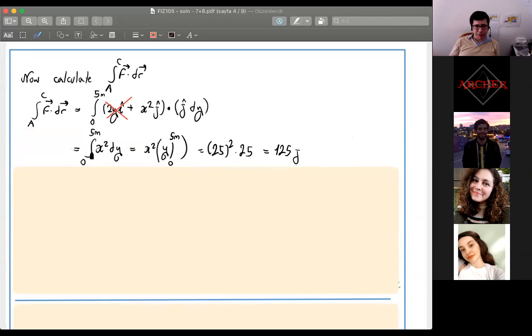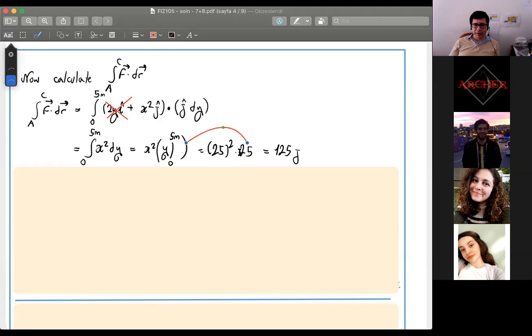So let me show you. This integral becomes x squared dy. x is a constant; it goes out. The integral of dy is y, from 0 to 5 meters. So it will give 5, and x squared: the x coordinate was 5 meters, so that gives 25 meters squared.